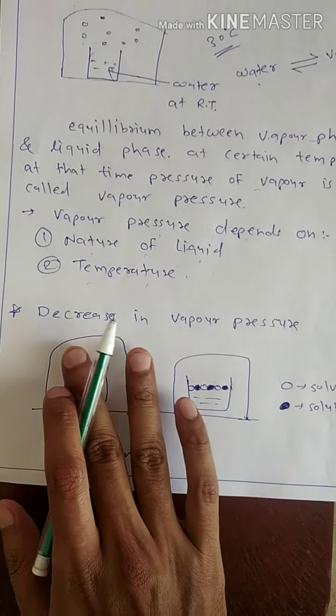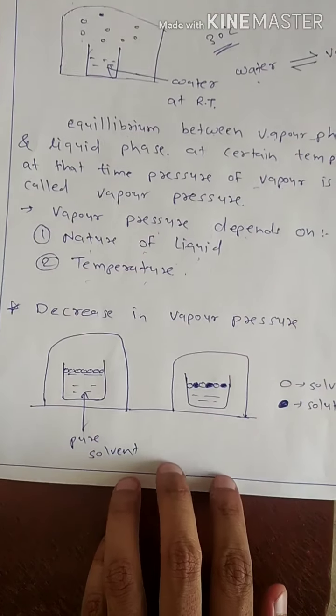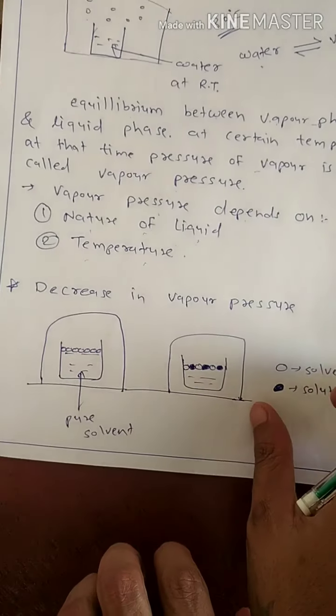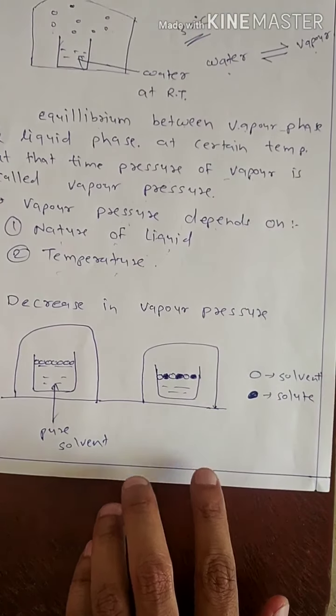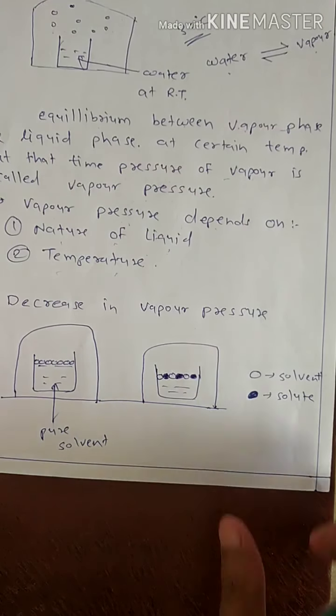Now, how does vapor pressure decrease? Let me give you an example first.